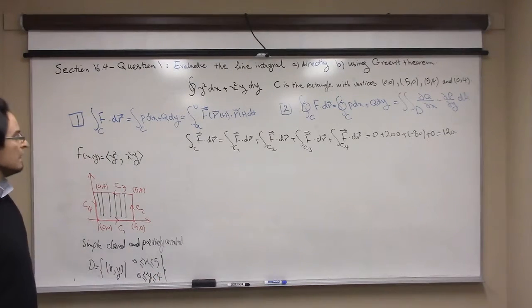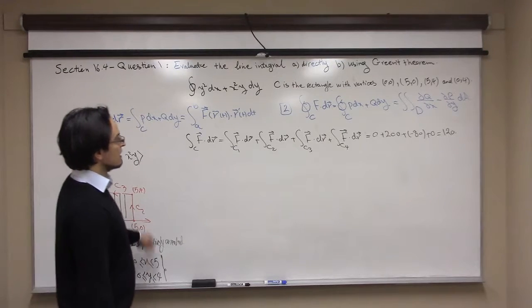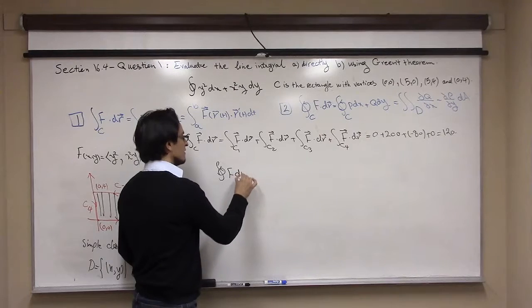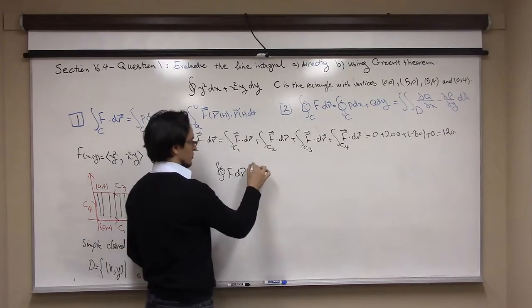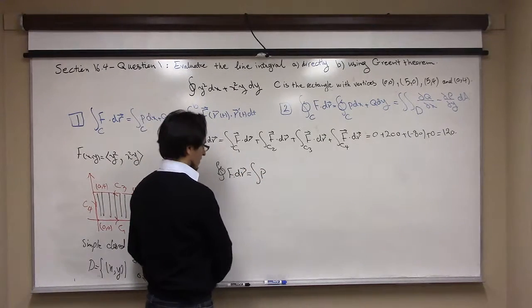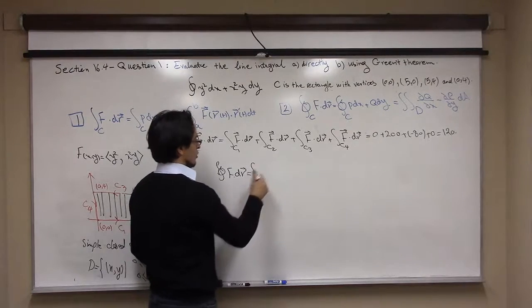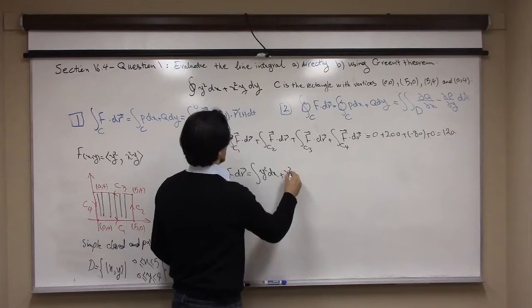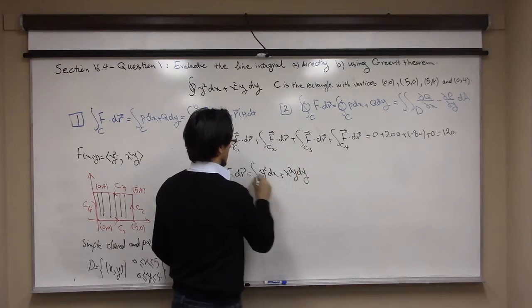So I have D, and with this kind of curves, if you have the line integral of a vector field, or in our case, I have y squared dx plus x squared y dy.